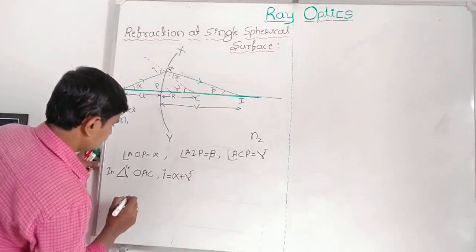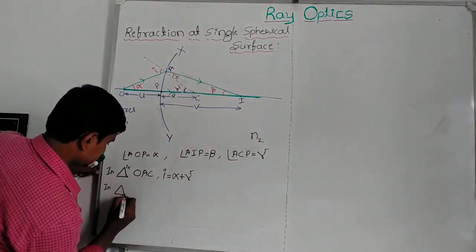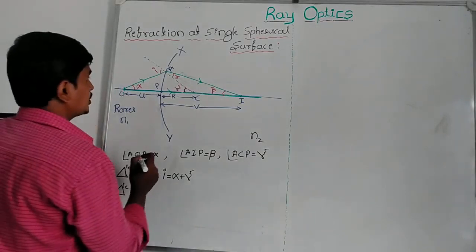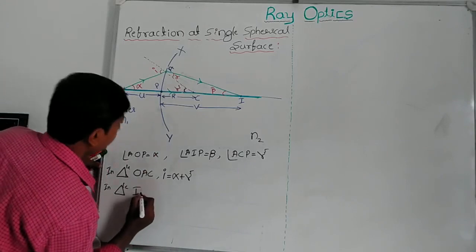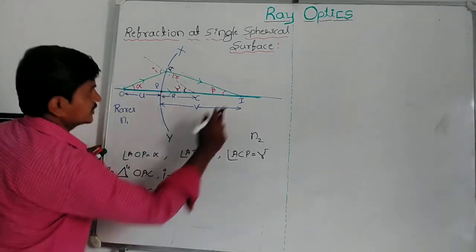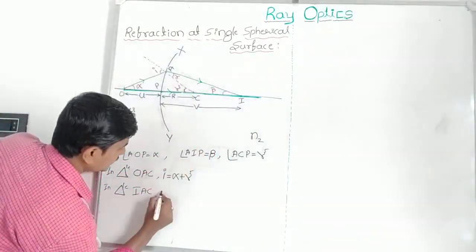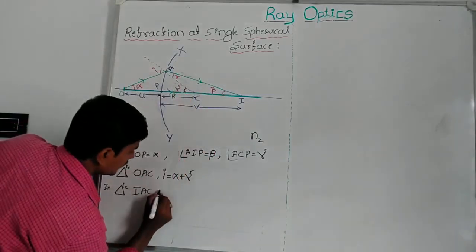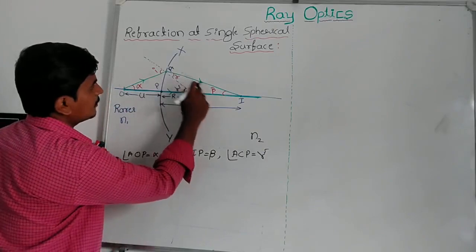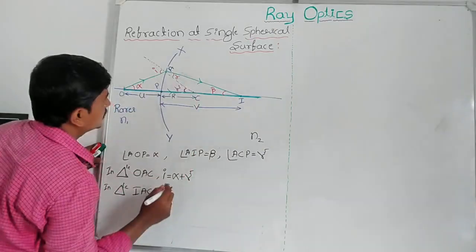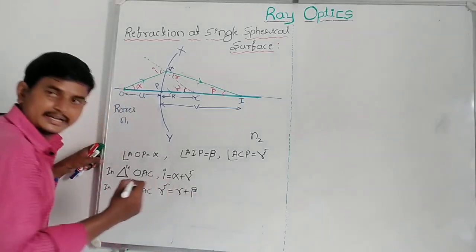And in triangle IAC, again the external angle is gamma, so gamma is equal to the sum of internal angles, that is r plus beta.